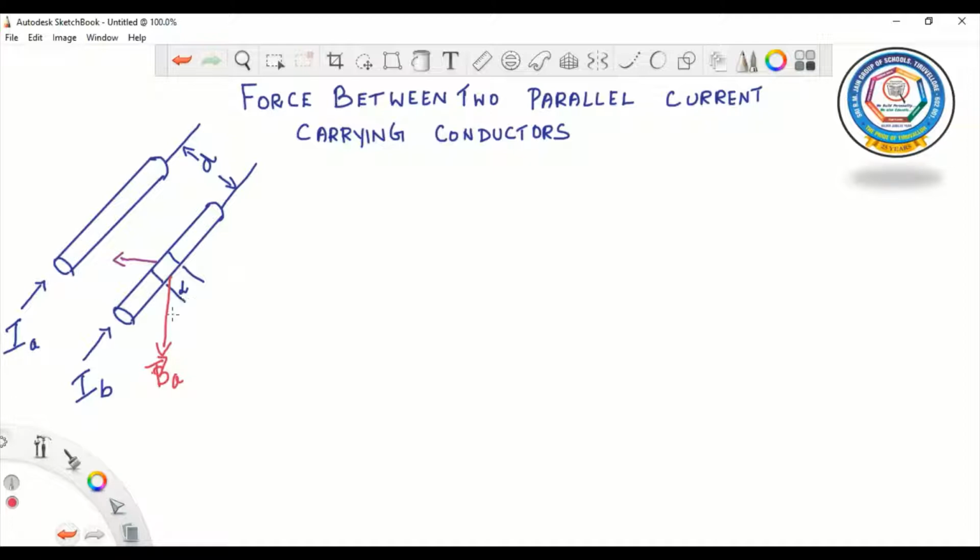According to the right hand rule, the direction of this magnetic field is perpendicular to the plane of the conductors and is downwards, because we have placed these two conductors horizontally.